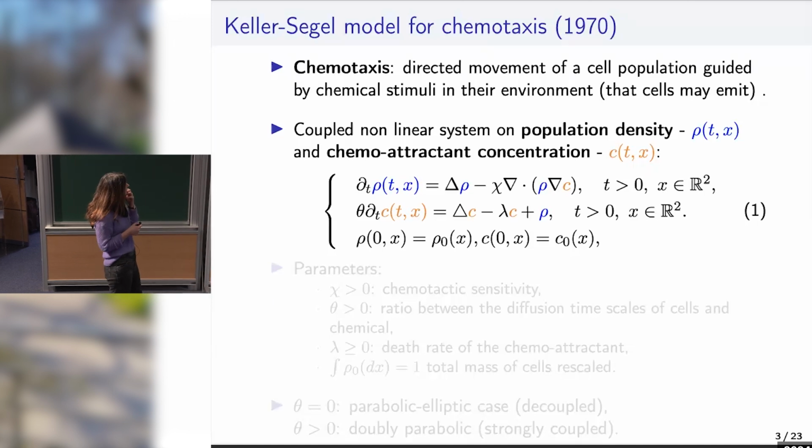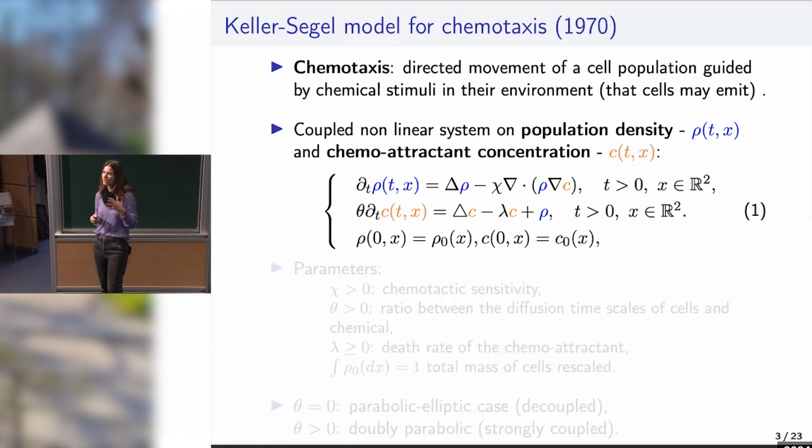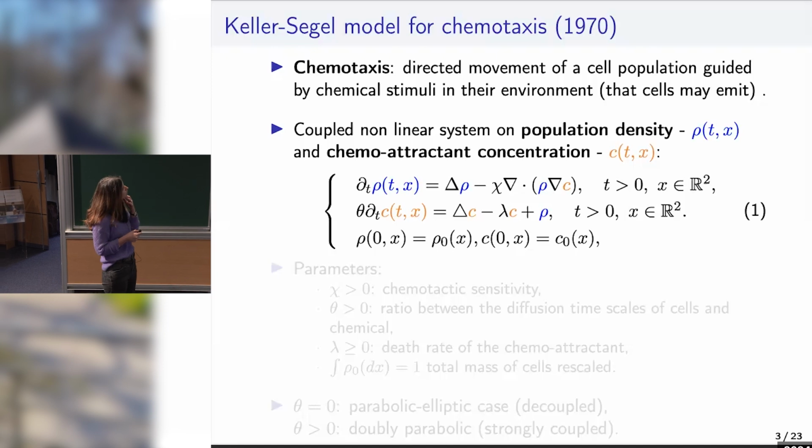And the chemical itself diffuses, then it disappears from the system with some rate lambda. And then it is produced by the cells, and this is where you have the coupling. So the cells emit the chemical with rate 1.